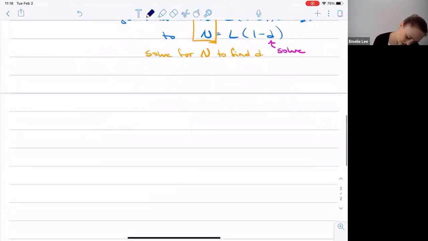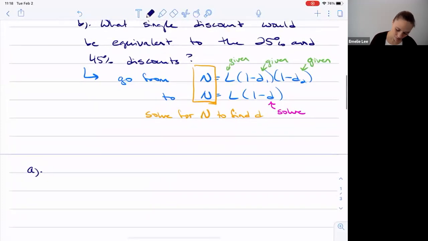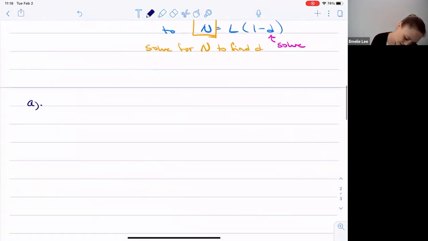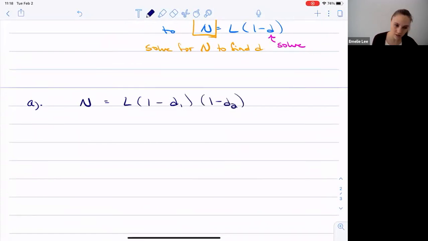So if we go to A, question A says, okay, so we've got discounts of 25% and 45%. The list price is $32.50. What was the net price to the retailer? Okay. So what we have is N equals L times (1 minus D1) times (1 minus D2). So that's a 2.